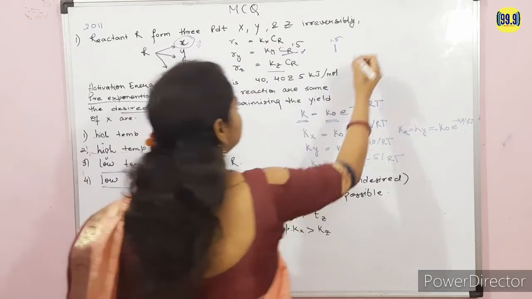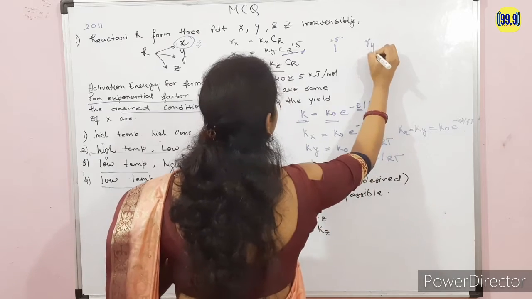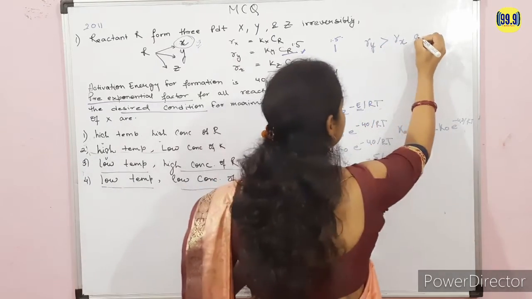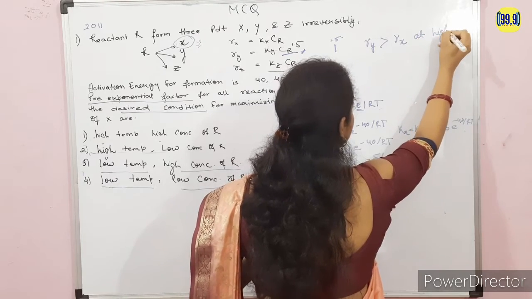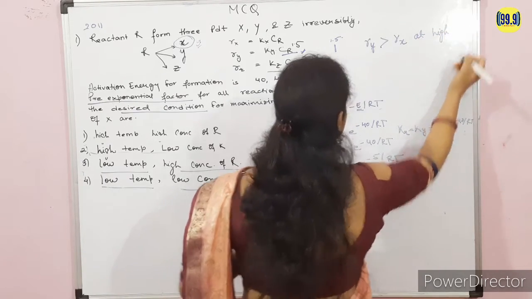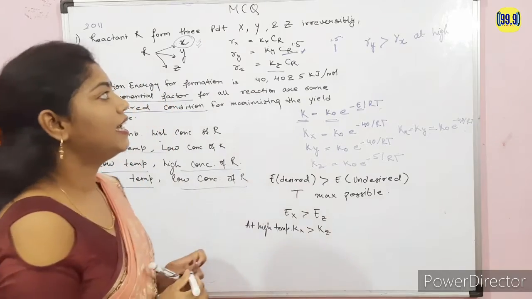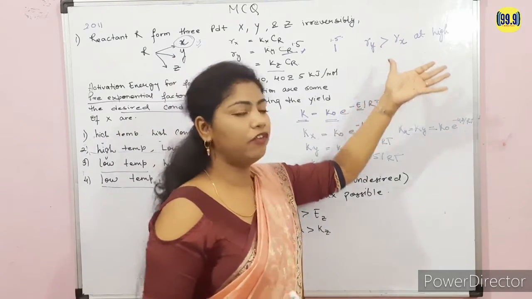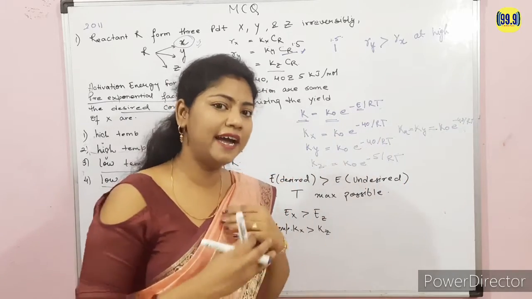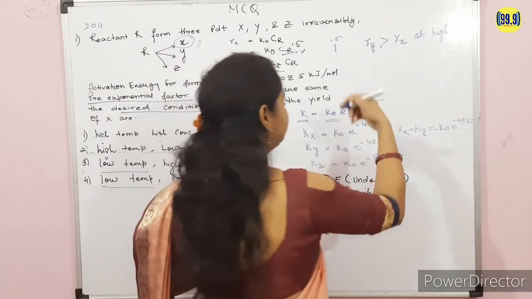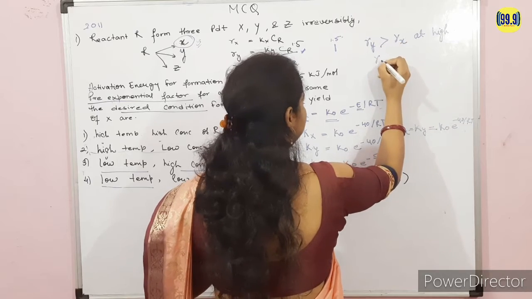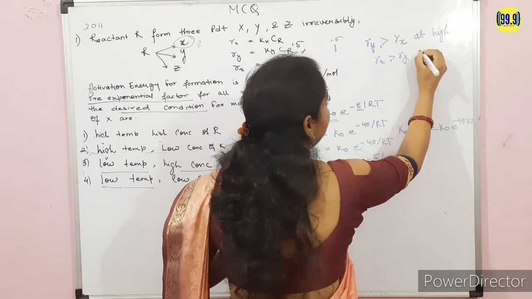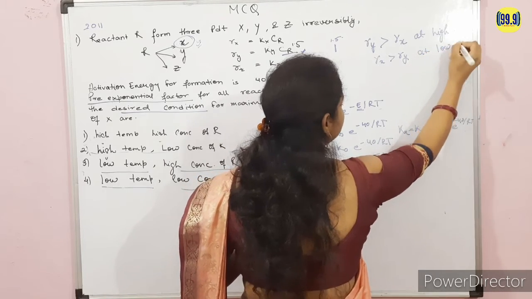It means the rate of Y is greater than the rate of X at high concentration, but we require the maximum reaction rate of X, because X is our desired product. So we reverse it: Rx is greater than Ry at low concentration.